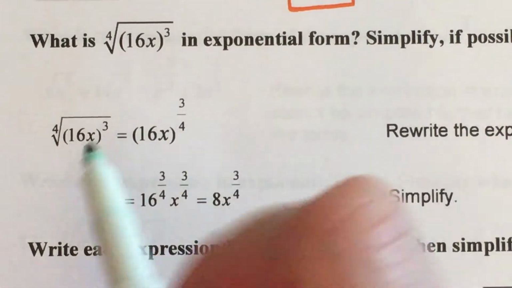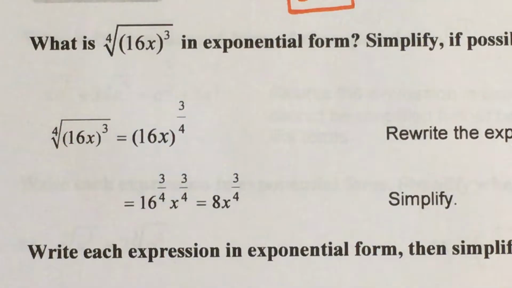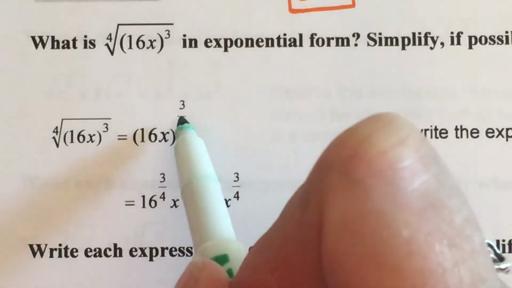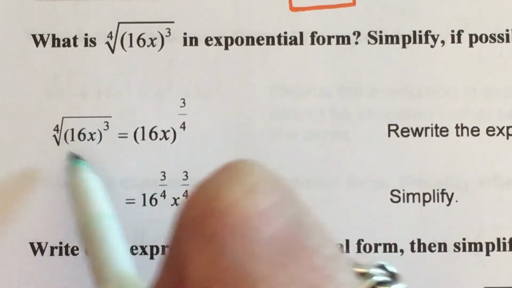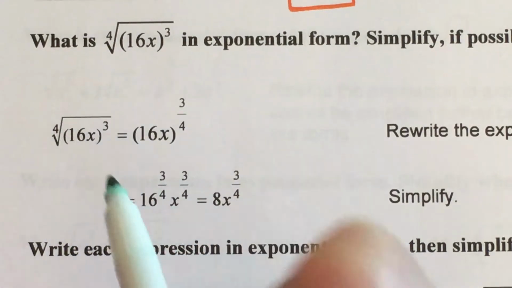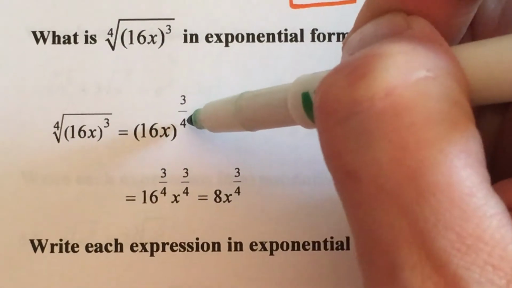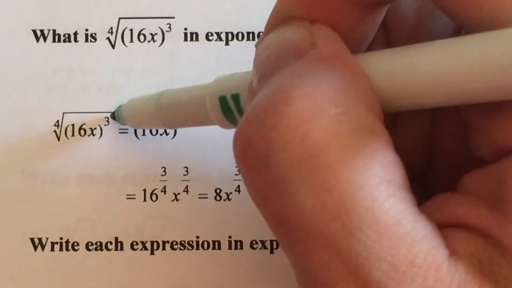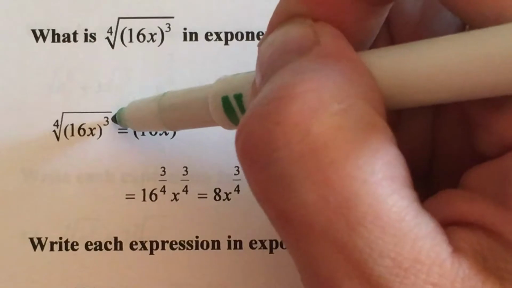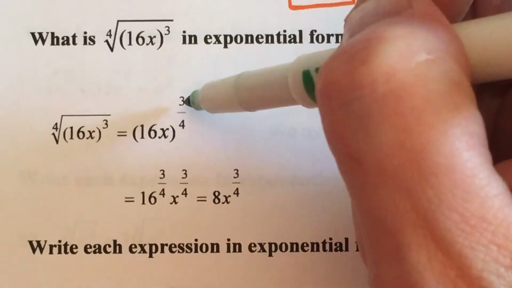So, let's see. We have 4/3 of this quantity. What did I say? It's being human again today, isn't it? Just human. I have 4 in the radical. That's my denominator. I have 3 that's still a full-size exponent. It is my numerator.